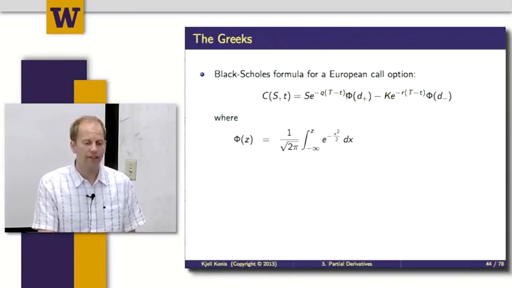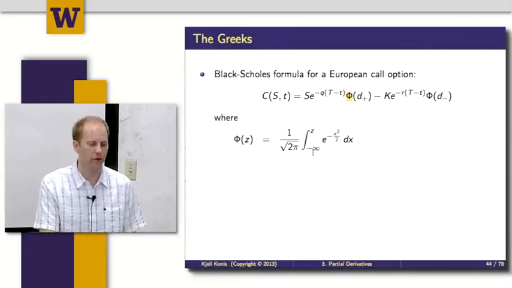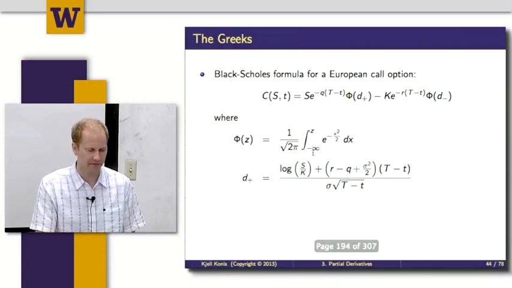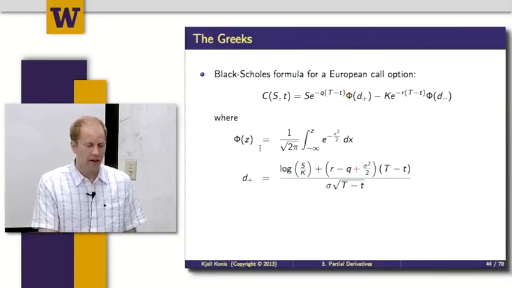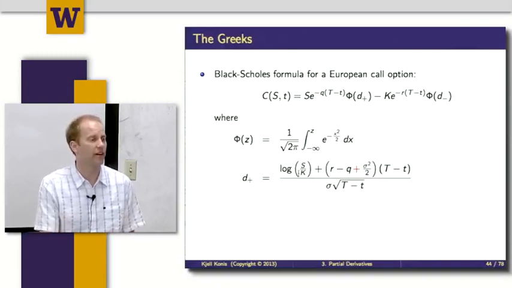And then we also have this function, capital phi, and that's just defined as the integral from minus infinity up to z of e to the minus x squared over 2 dx, and then normalized by this factor of 1 over the square root of 2 pi. We have a function d plus, which is also a function of all of the arguments of the pricing formula.